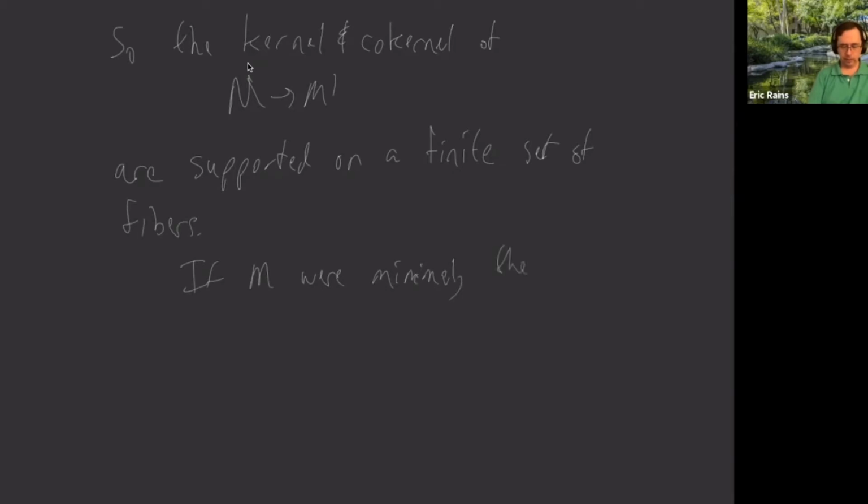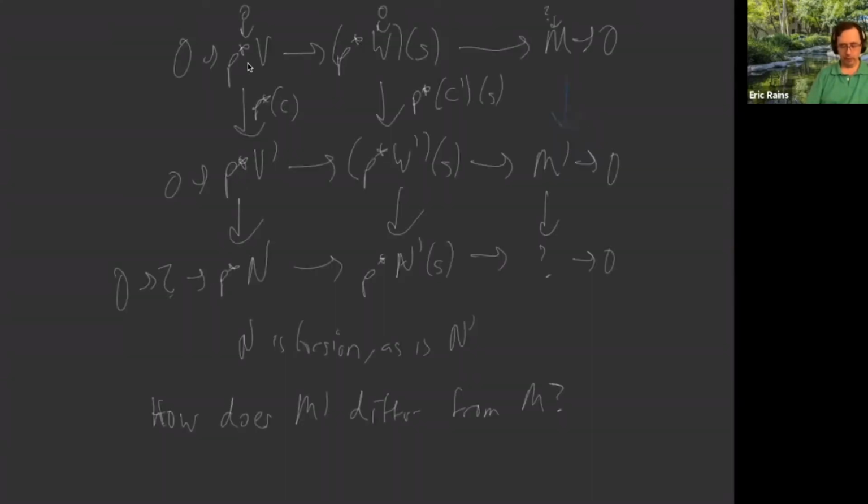then the kernel would have to be 0. Basically, because if you look at this picture, the kernel is contained in rho upper star of N, and N is a sum of structure sheaves of, possibly non-reduced points.